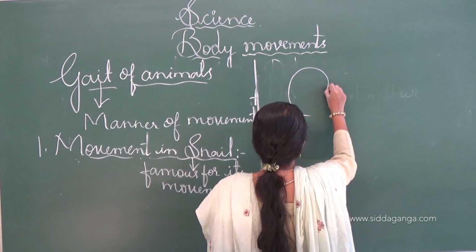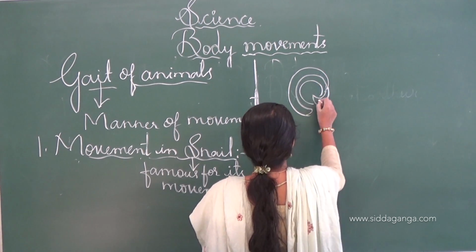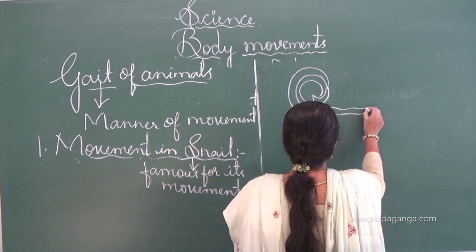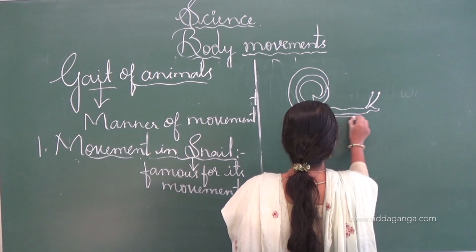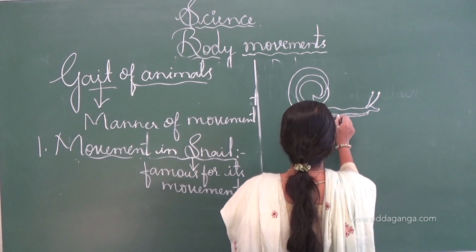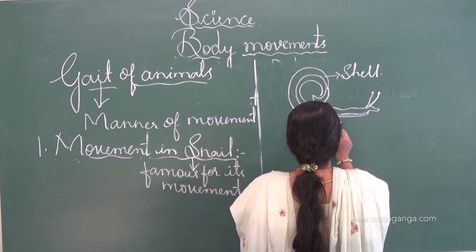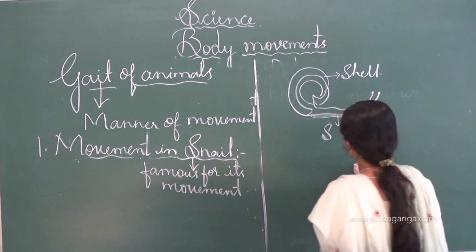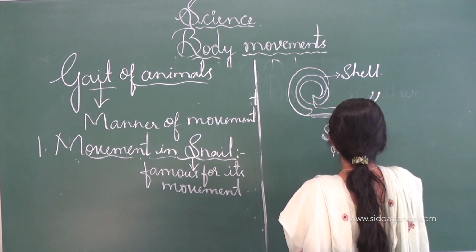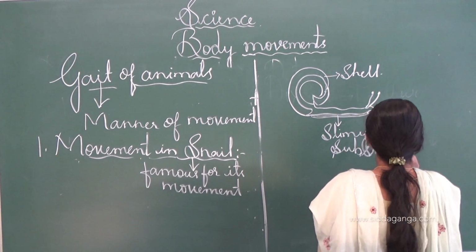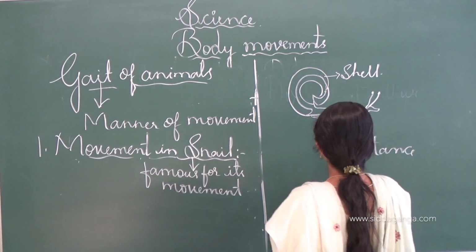See, I will write here. Here is the mouth, the head portion, and here the foot, which contains the slimy substance that it releases. This is the shell. This is the diagram of a snail.